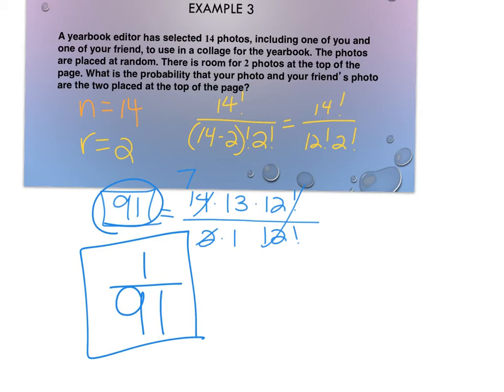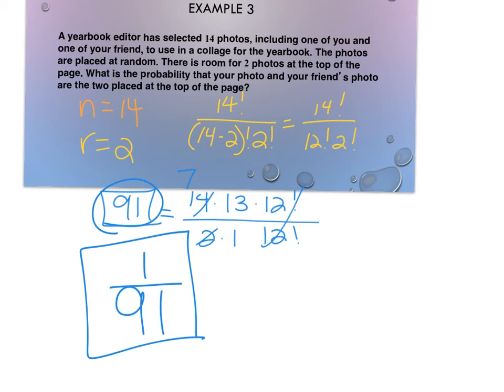You get that? If I take from those 14 pictures any pair of 2, one of those pairs is you and your friend. If it was a permutation, how many of those pairs would have been you and your friend? 2: one where you're first and your friend is second, and the other where your friend is first and you are second. Does that make sense?